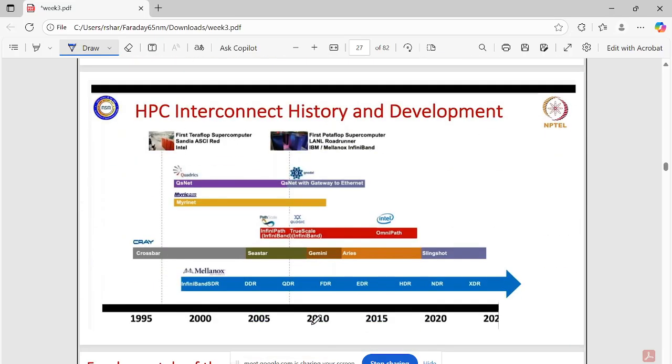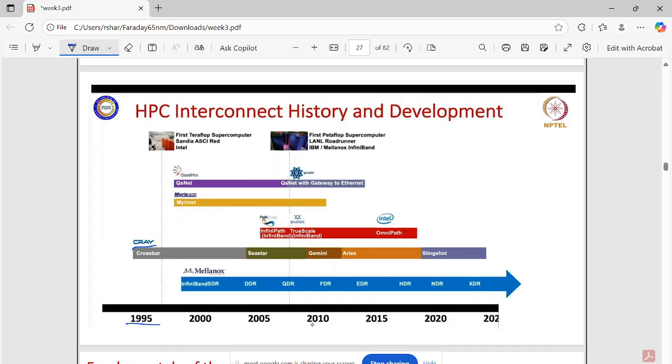HPC interconnect history and development. If we look at the HPC interconnect history and development, it starts from 1995, where we had Cray as one of the leading supercomputing companies. They started off with a crossbar interconnect to link multiple of their compute elements.